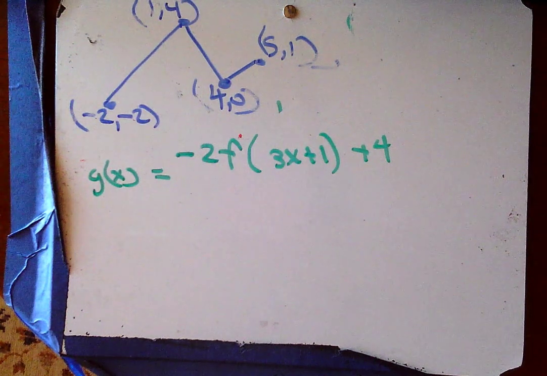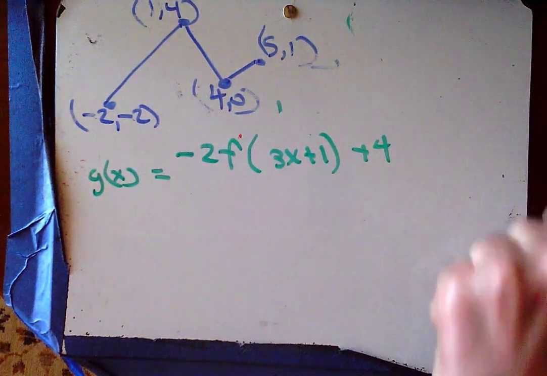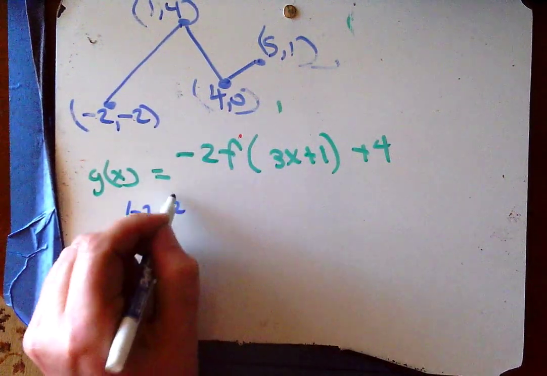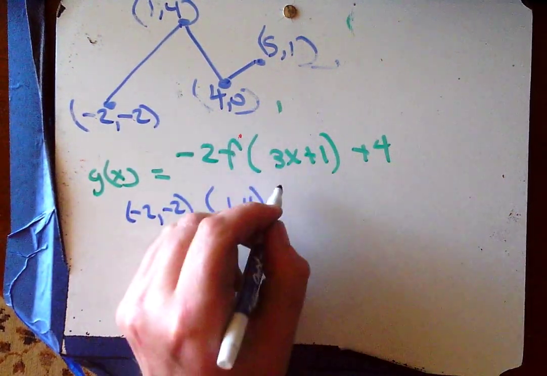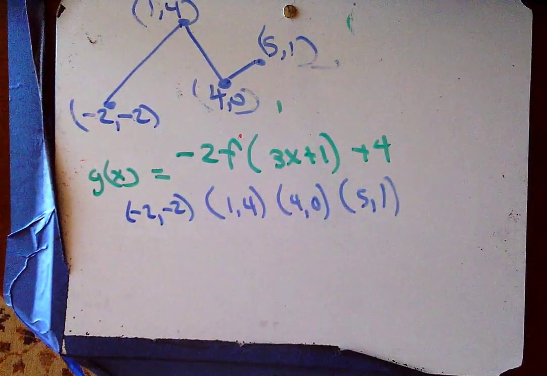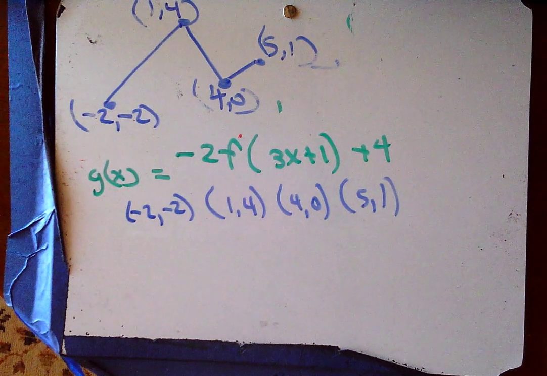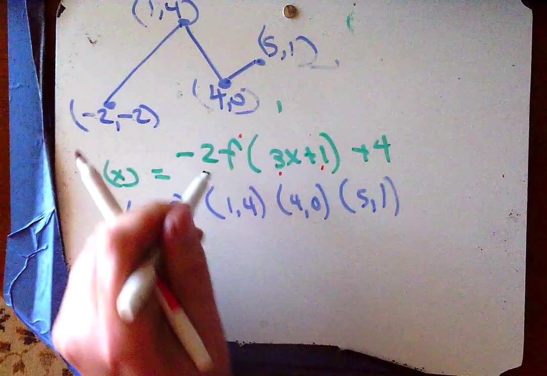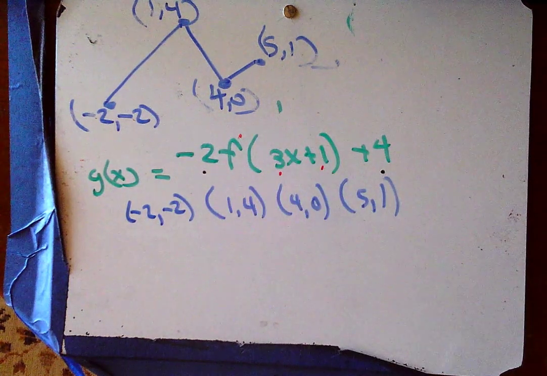So, hurry. Okay, so what do I see? I see reference points, -2, -2, 1, 4, 4, 0, and 5, 1. Excellent. And for transformations, I see 2 x transformations, and I also see 2 y transformations.